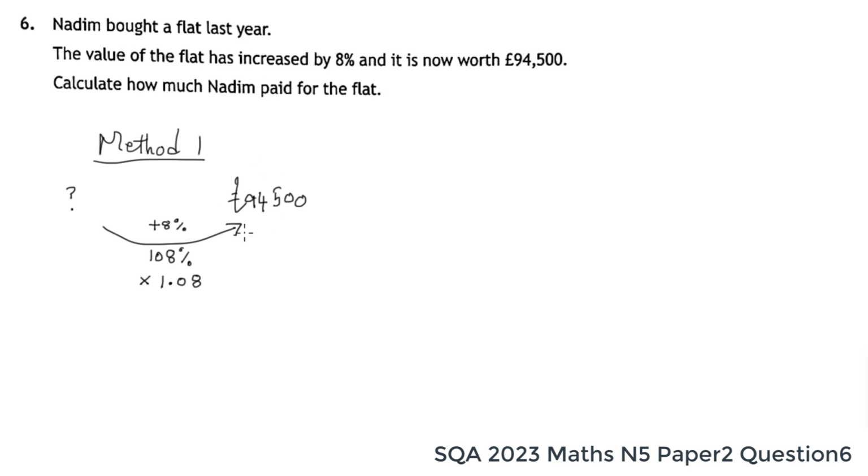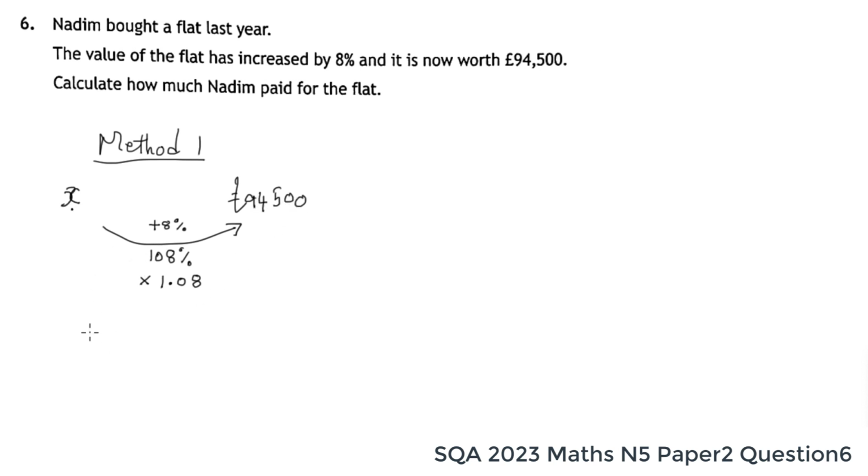So we have to go from this final value back a year, going against the arrow, to find out what it was worth a year ago. So instead of multiplying by 1.08, the opposite, going against the arrow, would be dividing by 1.08. We can see that if we call the value of the flat originally x, how would we find 94,500?